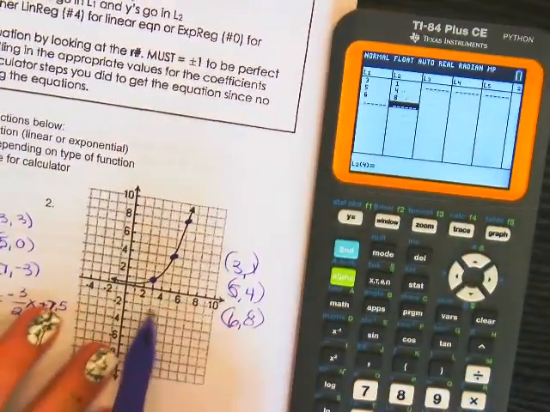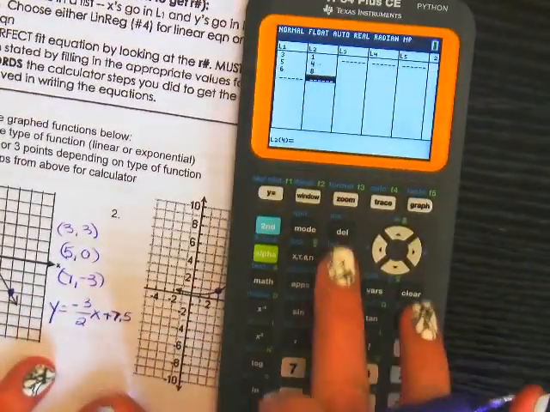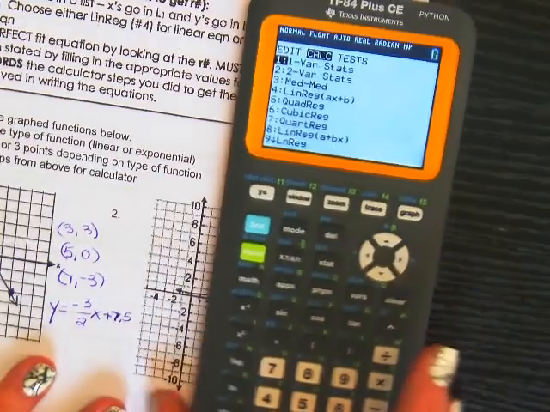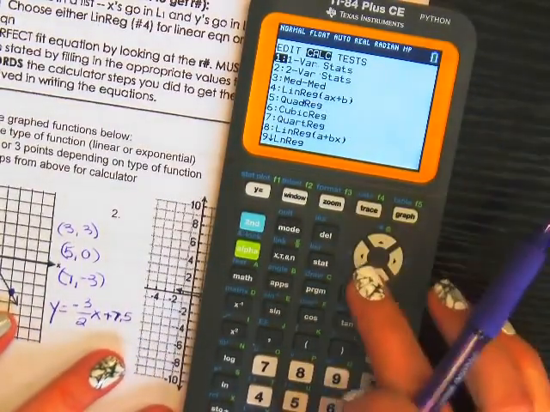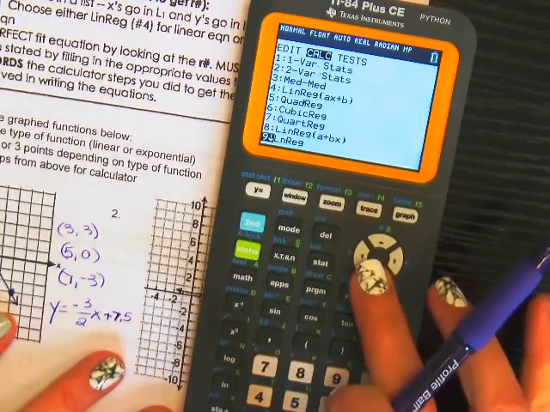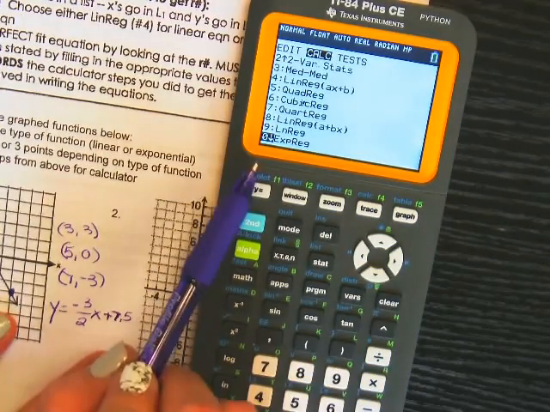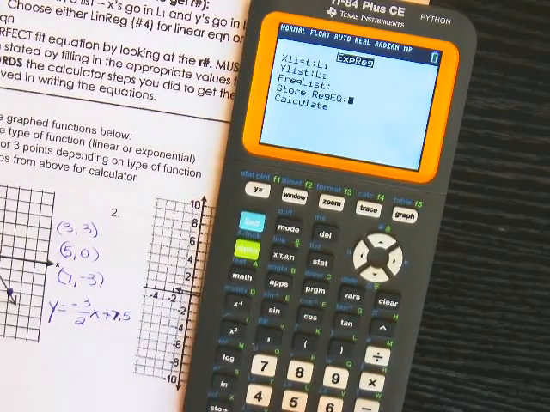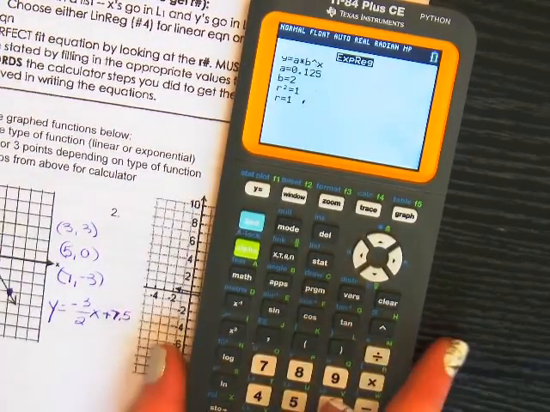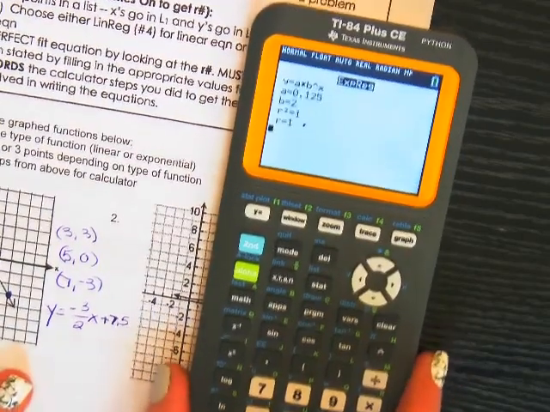Now the only difference is we're going to do the same thing, go over to Stat and Calc, but this time I know that I'm dealing with exponential, and that's not going to be LinReg, that's going to be exponential regression. So I have to scroll all the way down to the bottom, which is option 0. Make sure you have L1, L2, hit enter a bunch of times until you get this screen.